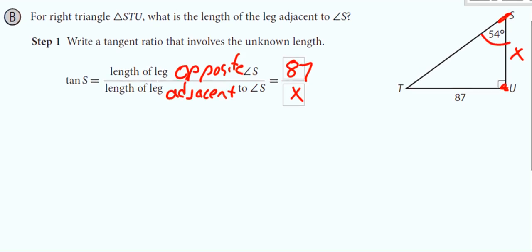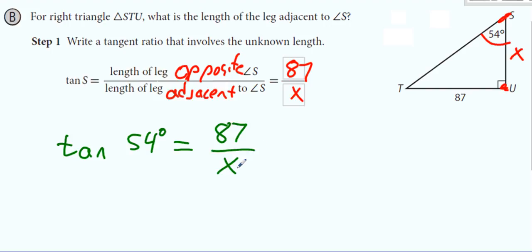Now you could then solve this out and figure out what the length is, what X is, because angle S is 54 degrees. So that would be tangent 54 degrees equals 87 over X. Remember, these are always proportions.